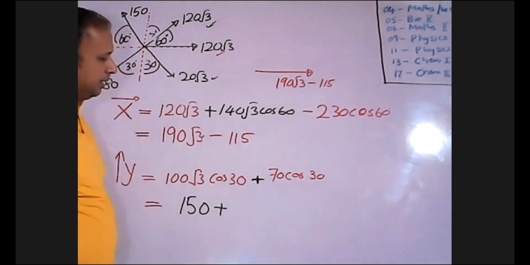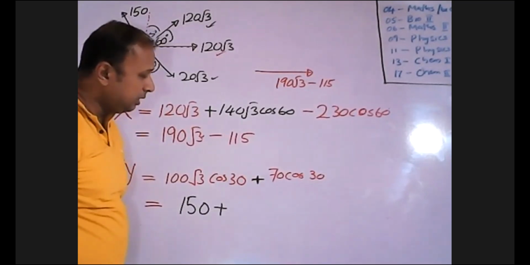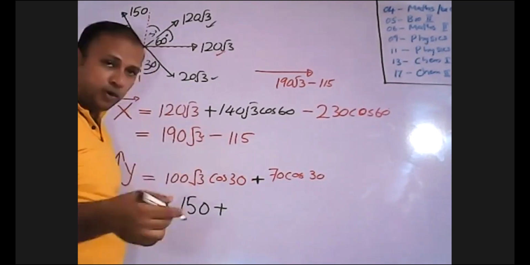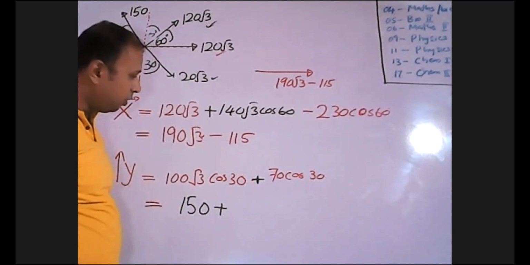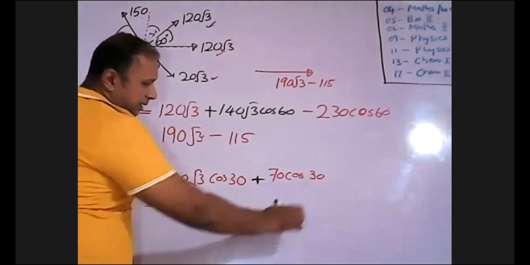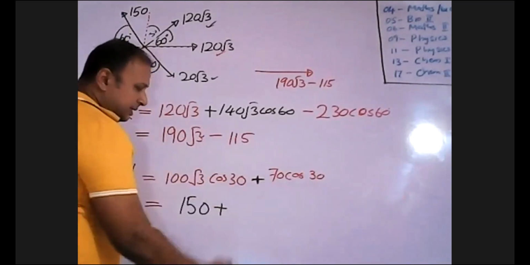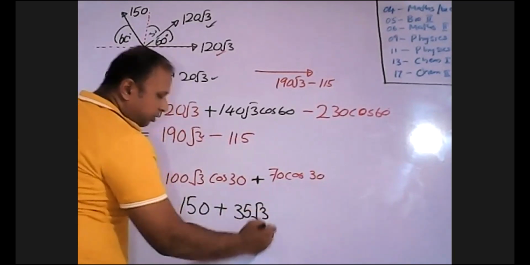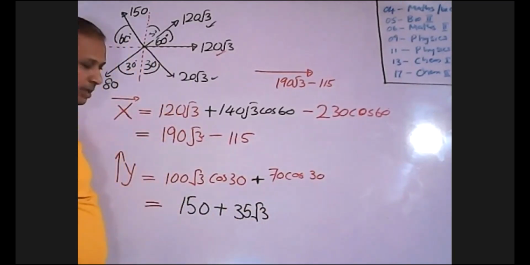Plus 70 cos 30, cos 30 again root 3 over 2. 70 divided by 2 means 35, so 35 root 3.